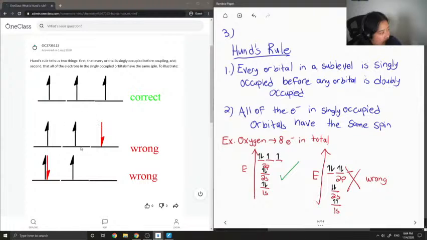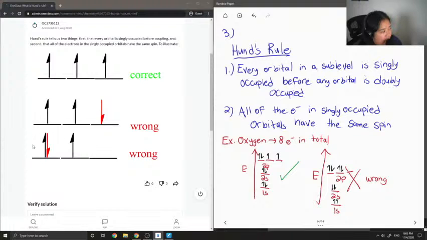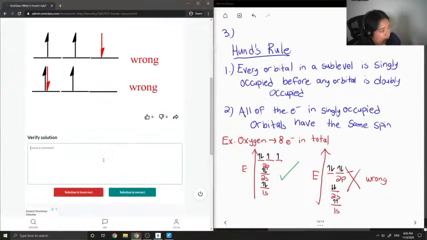If you were to do this the wrong way, you have 2 electrons pointing up and then 1 pointing down, or you have 2 electrons in the first and only 1 in the second and none in the third, so that is wrong. So this solution is correct, and they gave pretty good examples as well.